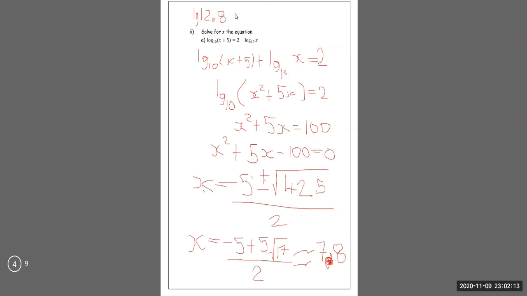And now check what is 2 minus the log of 7.8. 1.1. Beautiful. So now you know that we are correct. Anytime you get a decimal, you just want to check it to make sure the equation is satisfied. Nice. Yes, sir.